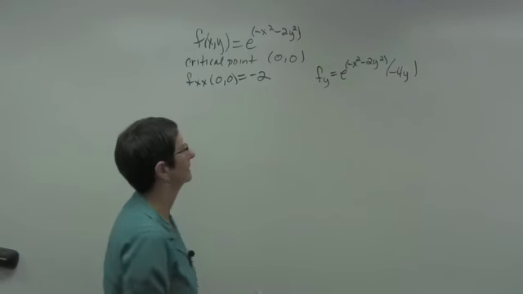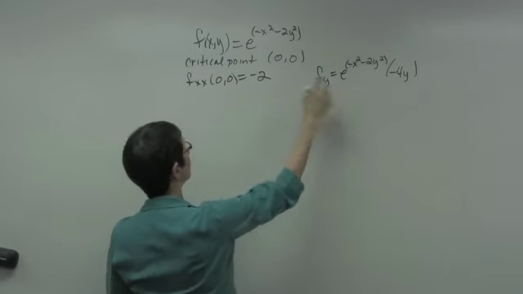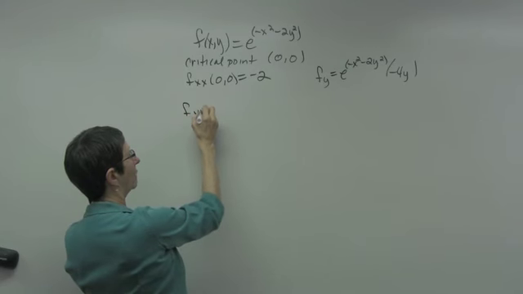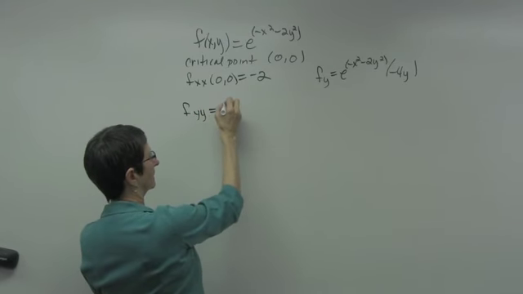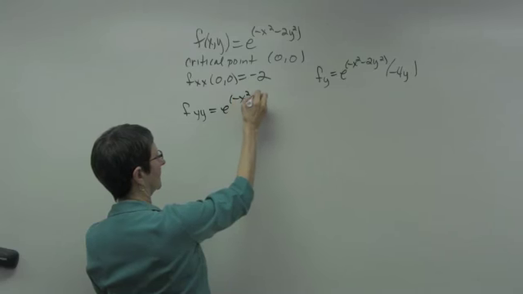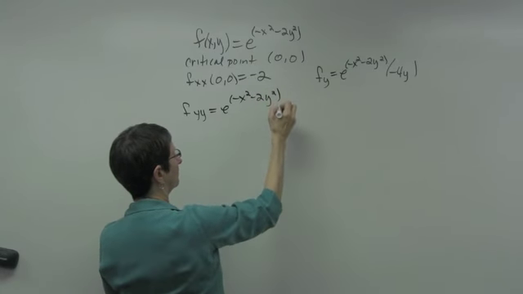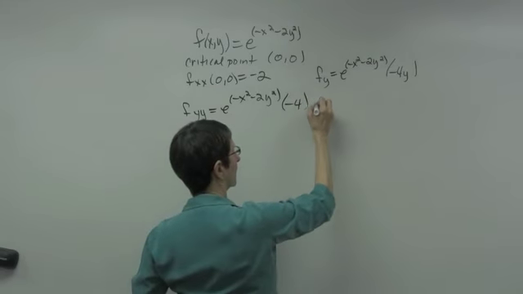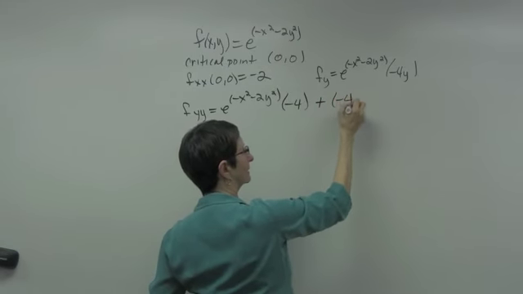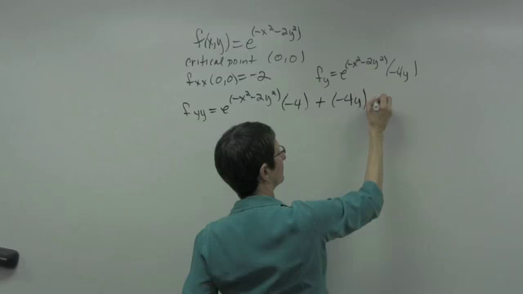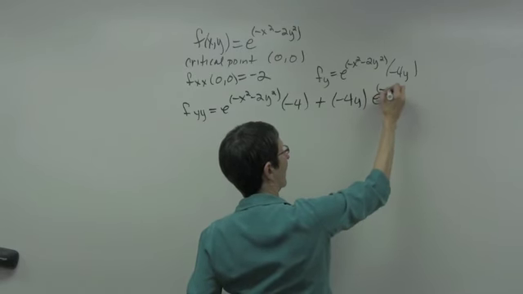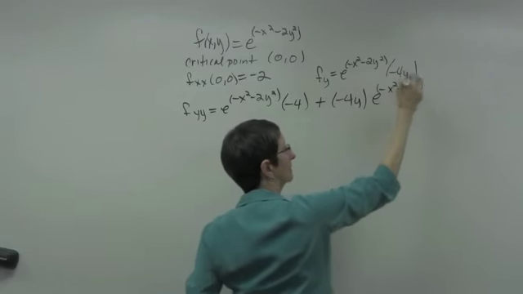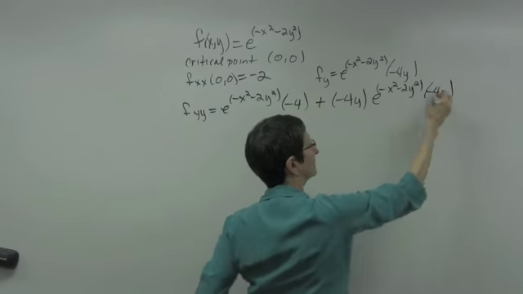Product rule again. So I take my first function to get my fy, negative x squared minus 2y squared times the derivative of the second, which is negative 4, plus the second, negative 4y, times the derivative of the first, and I have my derivative of the first again right here, times negative 4y.